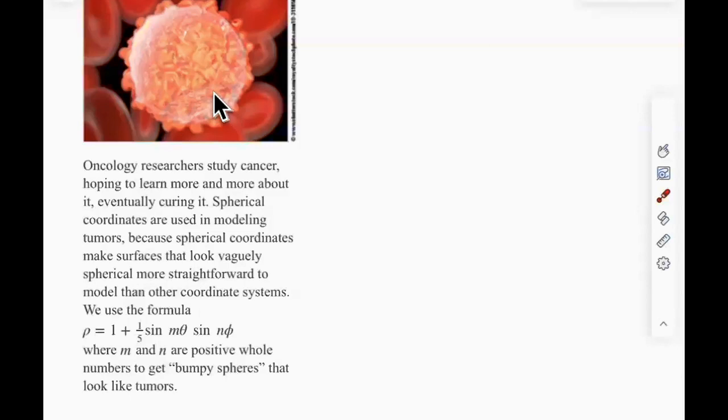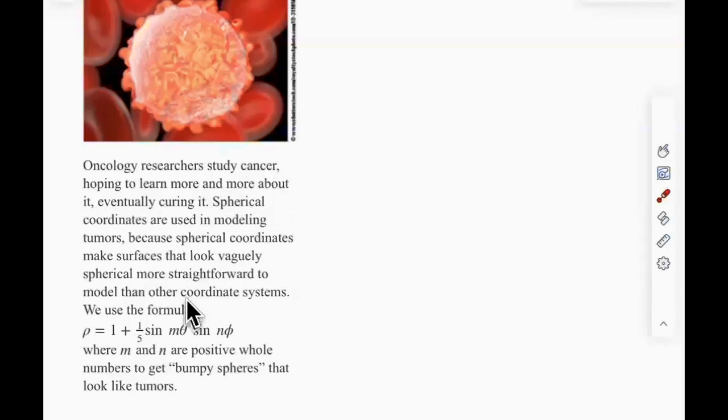Oncology researchers study cancer, hoping to learn more and more about it, eventually curing it. Spherical coordinates are used in modeling tumors because spherical coordinates make surfaces that look vaguely spherical more straightforward to model than other coordinate systems.